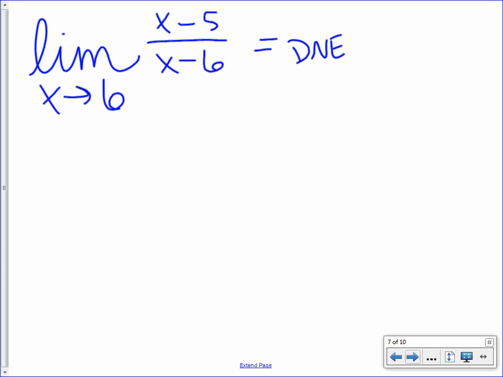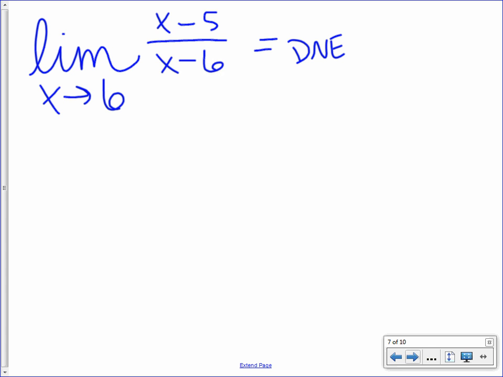Because if we plug in numbers really, really close, like 6.1, where is it going? Positive. And to the left, what do we say?